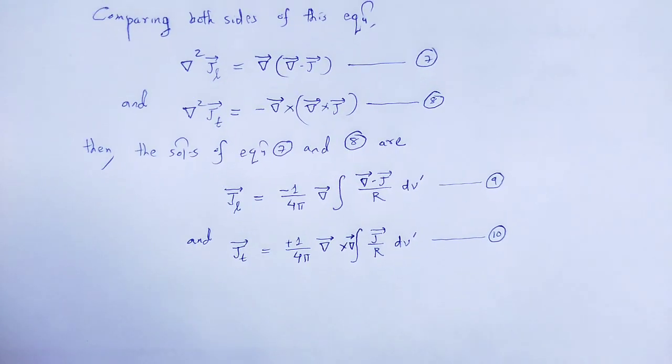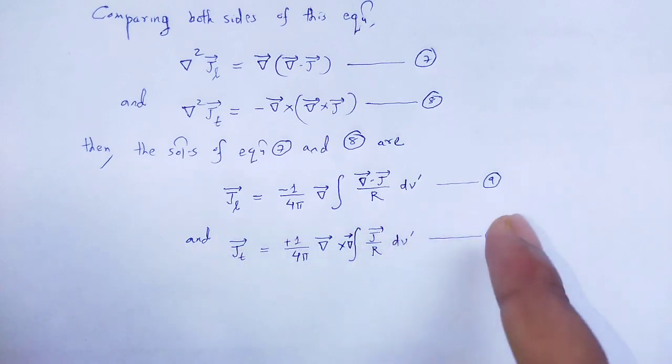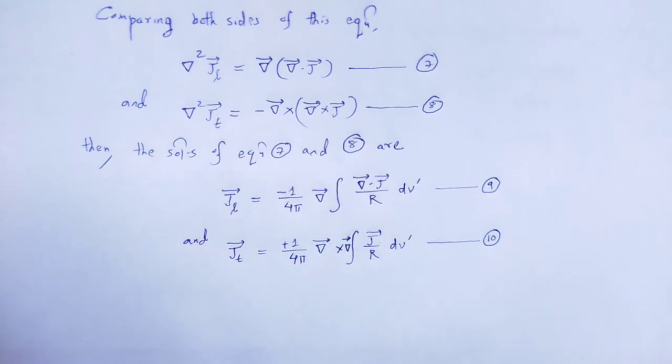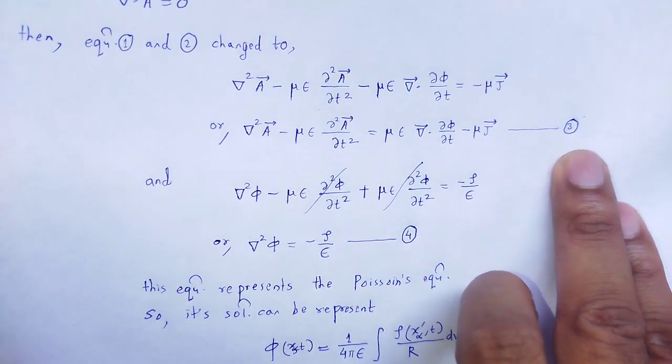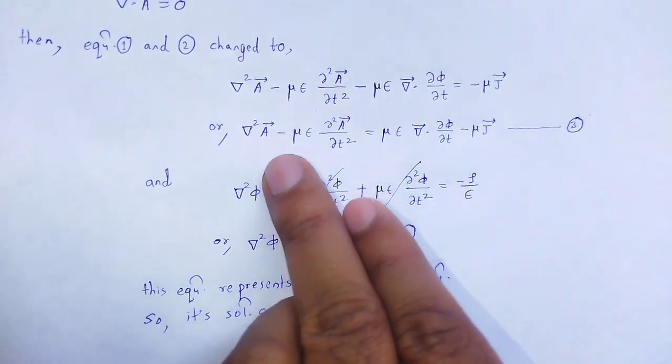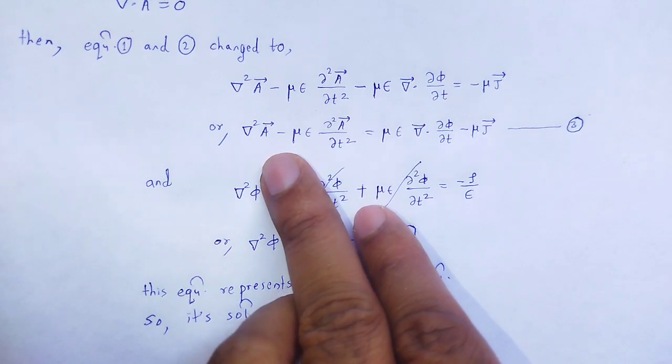Now, we use these solutions to solve equation number 3 in order to obtain the value of vector potential A.